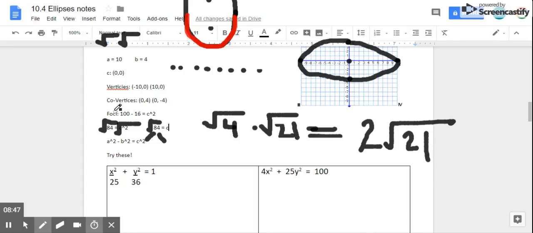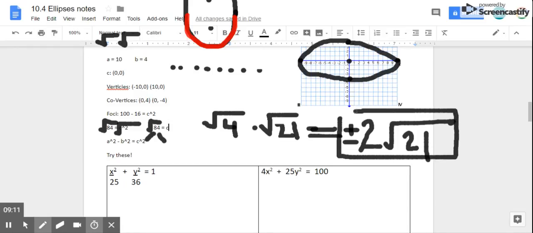But remember the word foci is plural. So how can I make this value represent these 2 focal points without changing the value? If you remember, so this is really good final review, every time you square root a square, you have to write this. So this value represents your foci.